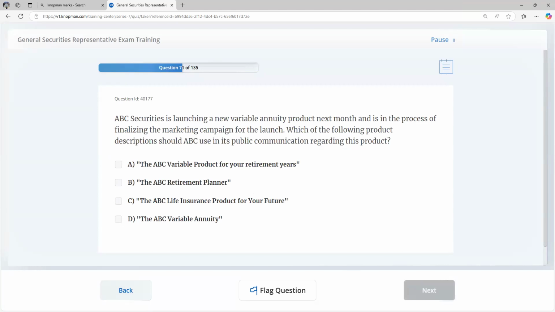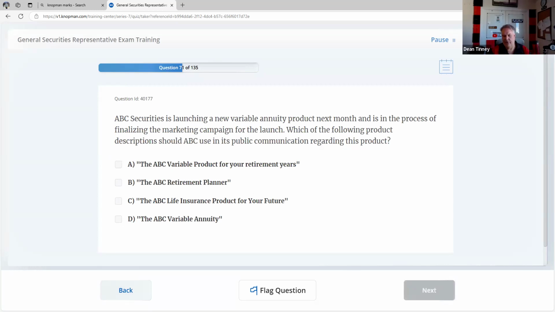ABC Securities is launching a new variable product next year and is in the process of finalizing the marketing campaign for the launch. Which of the following product descriptions should ABC use in its public communication regarding this product?